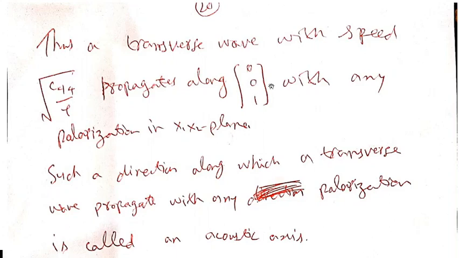Now we are left with isotropic material. We will study which type of wave will propagate through isotropic material, and what the speed of those waves in isotropic material would be.